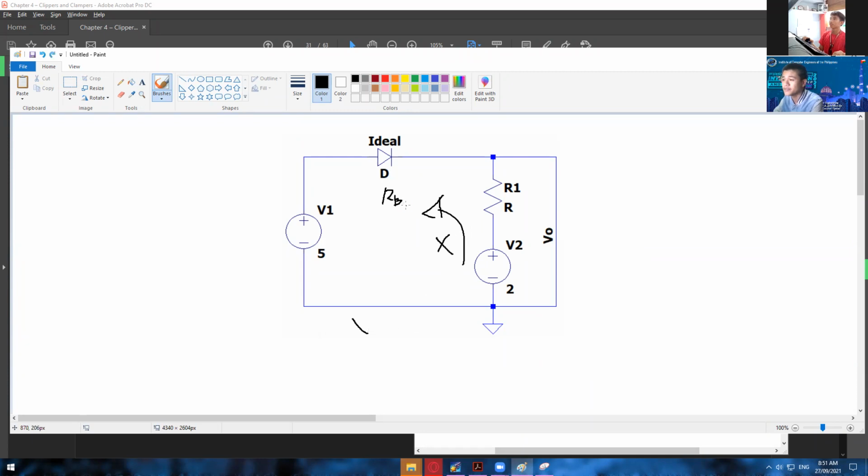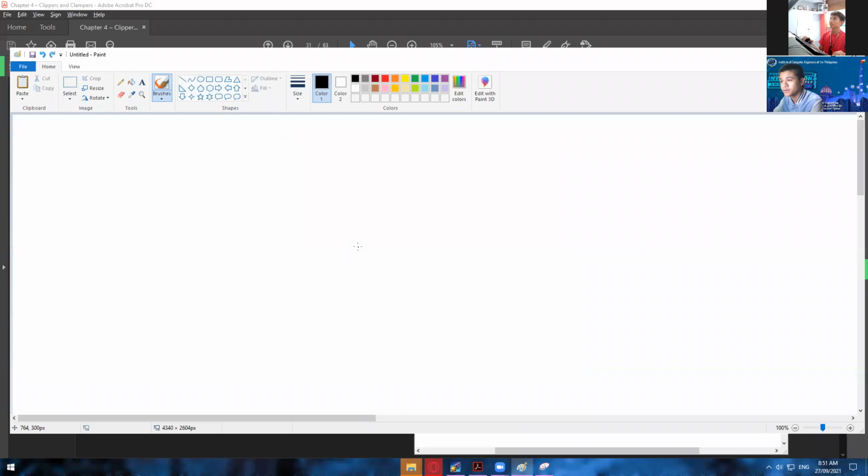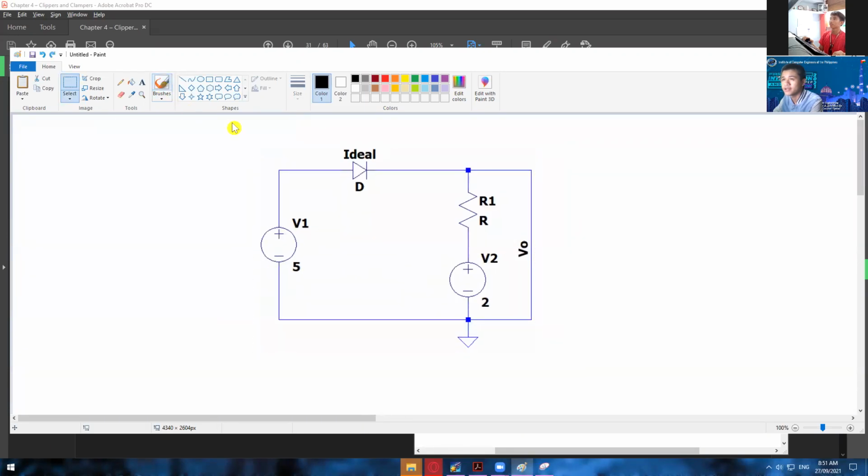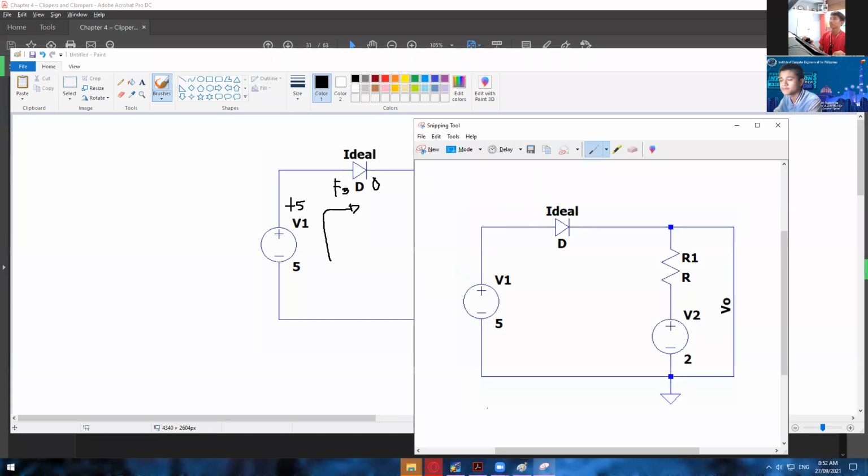But for the clockwise connection, we do have a flow of current since we have positive to positive and negative to negative. So this one is a forward bias connection. Just apply KVL and you will get the voltage reading on this path. We have positive 5, and this one is ideal so it is 0, and then we have negative 2. So positive 5 minus 2 is equal to positive 3 volts.